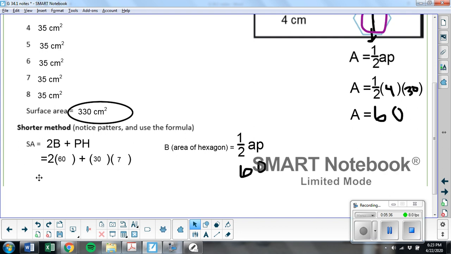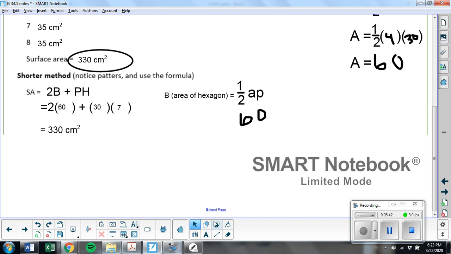Okay, so when I grab my calculator and type that in, I get 330 centimeters squared. Watch it again if you need to.